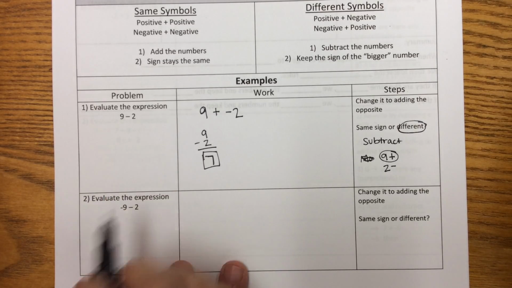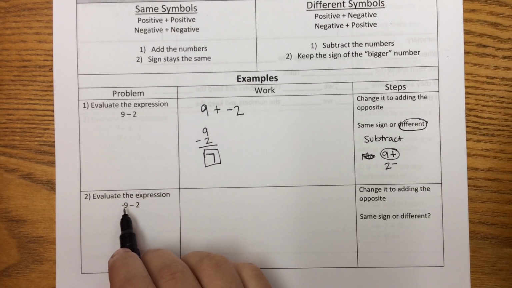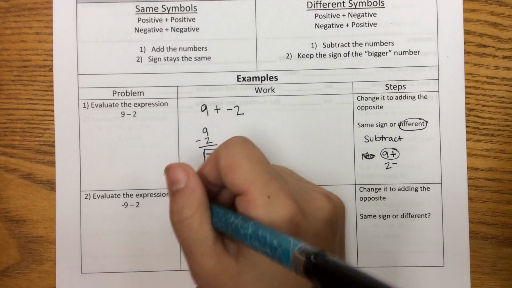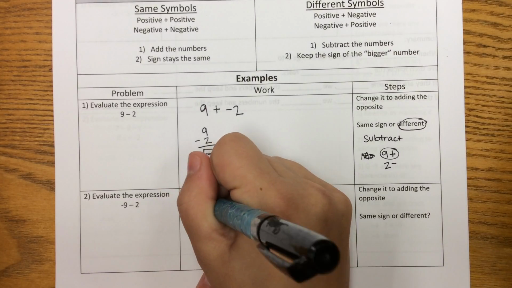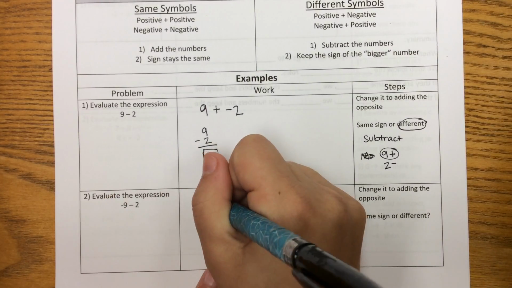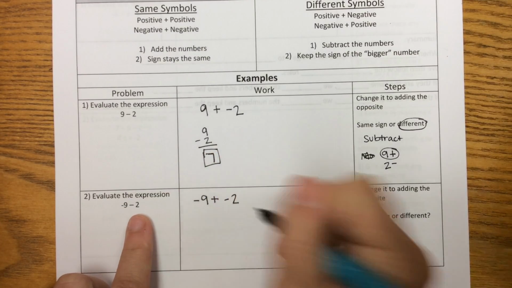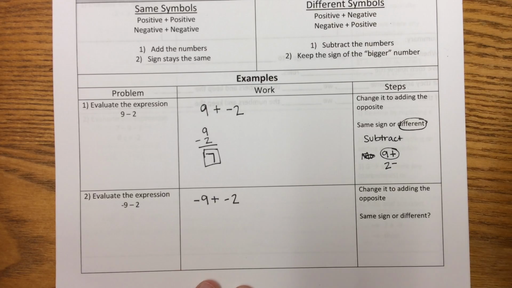We really knew that because we could have just done 9 minus 2 in this case, and that's okay in this problem. But number 2, we have -9 minus 2. This negative means we really have to think about changing it to adding the opposite. So I take -9, change the subtracting to adding, and the opposite of 2 is -2. Are they the same sign or different signs?